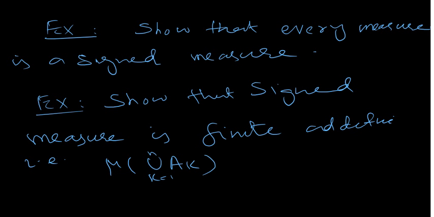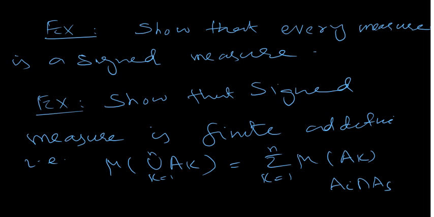Now you have to prove this also holds for a signed measure. The proof is similar, okay? But these Ai are disjoint members, so Ai intersection Aj is the empty set for i not equal to j, and these Ai belong to sigma, so they should be in the domain. So this is the second exercise. Every signed measure is finitely additive, since it is sigma additive. That's from the definition.